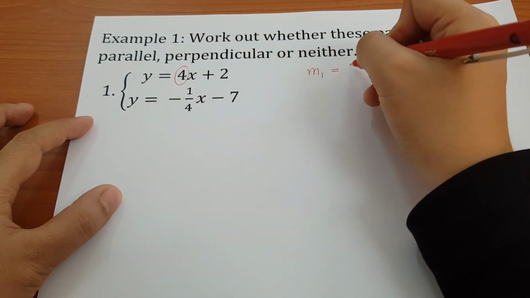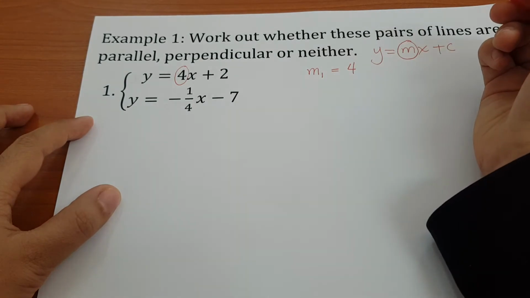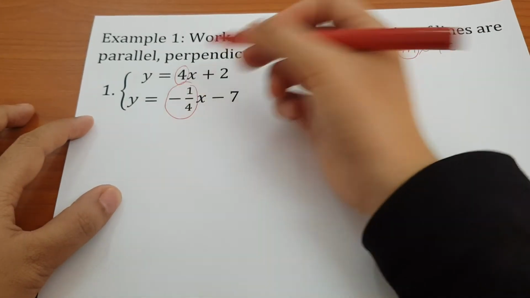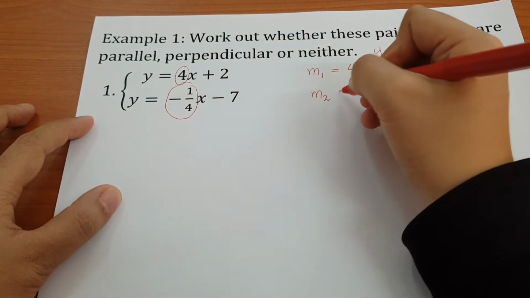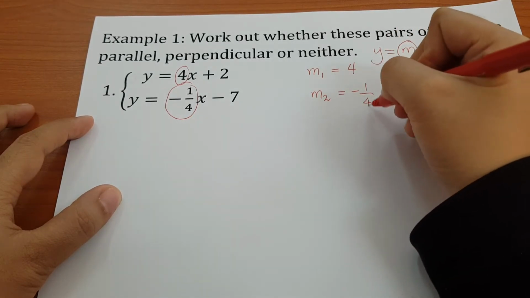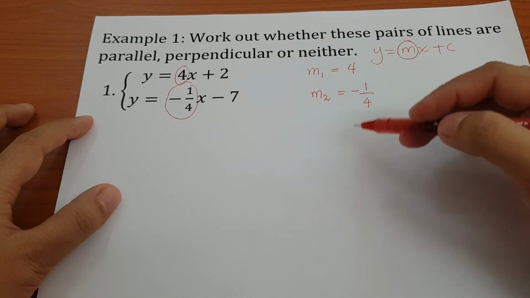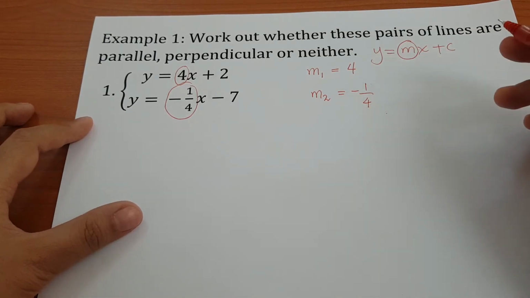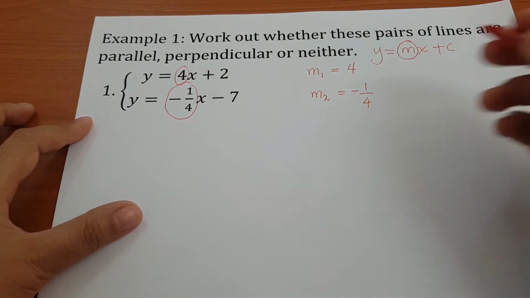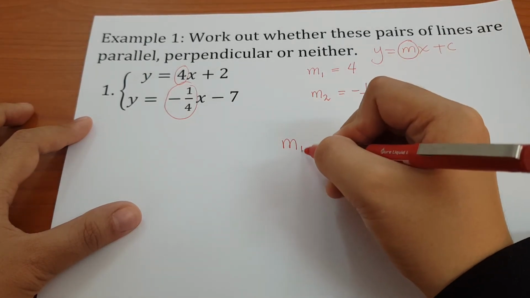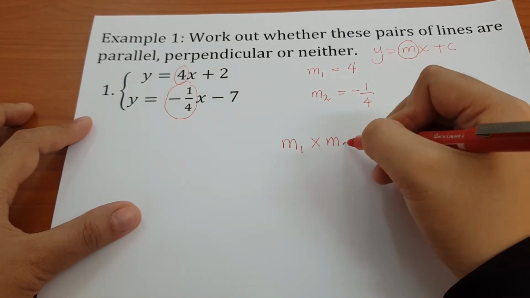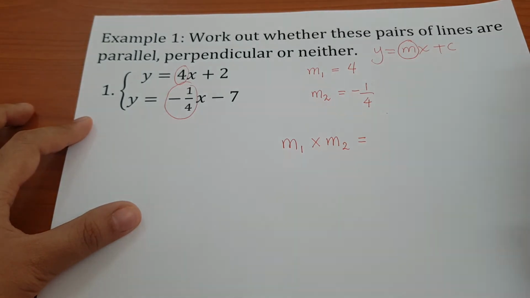m1 is 4. For line 2, m2 is -1/4. So obviously they are not the same, so they are not parallel. Let's check, maybe they are perpendicular. They are perpendicular if their product is -1.